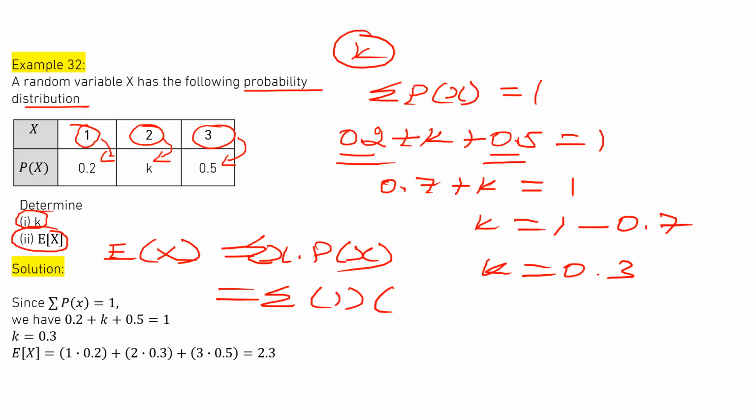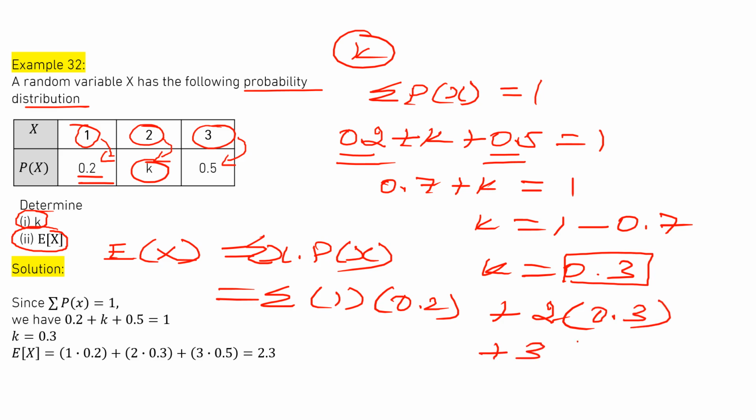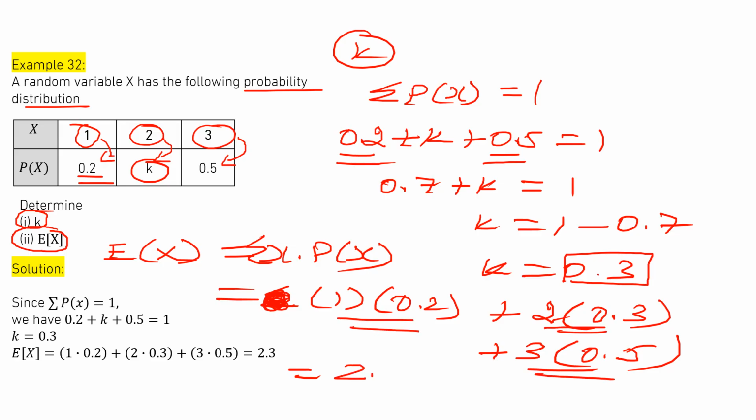Then we multiply the corresponding probability value, which is 0.2, plus what is the next value of x? 2 times the corresponding probability value, which is k, but just now we have calculated k is 0.3, and finally we add 3 with the corresponding probability value 0.5. Since you write the plus symbol here, you no need to write summation. If you multiply each, then add all the values, that will give you 2.3. So the expected value, the E of x value, is equal to 2.3.